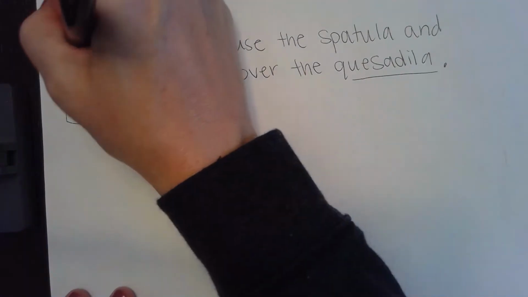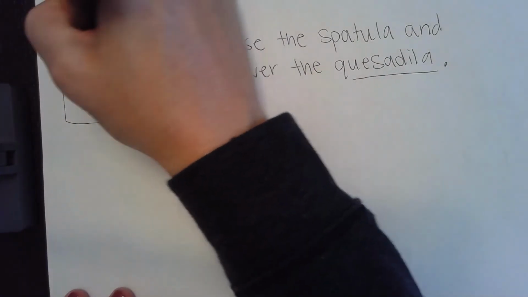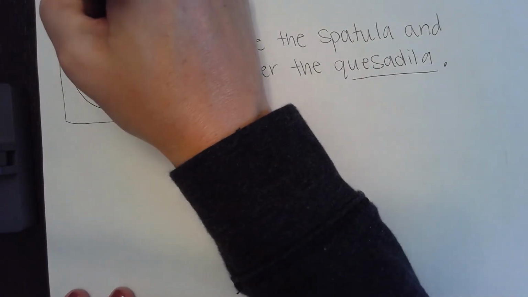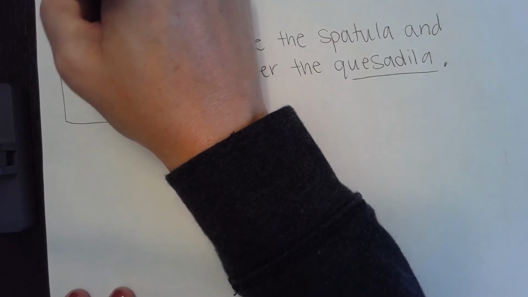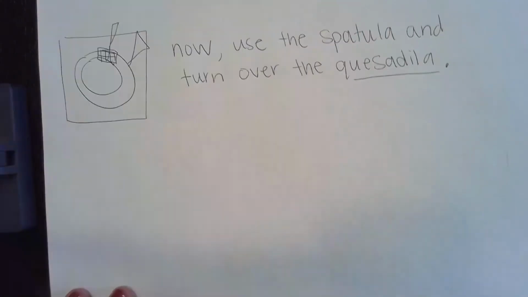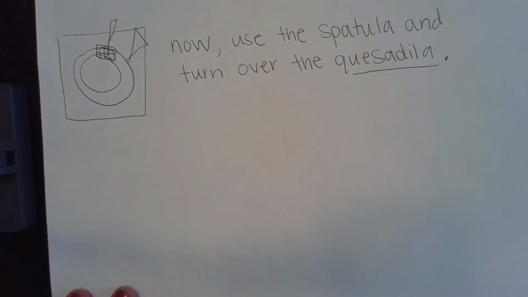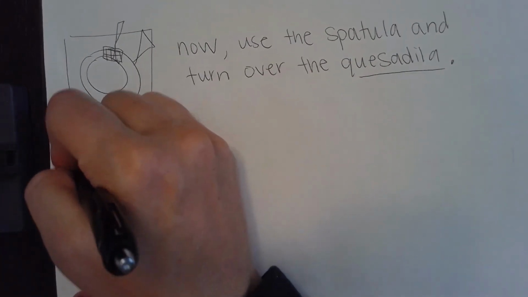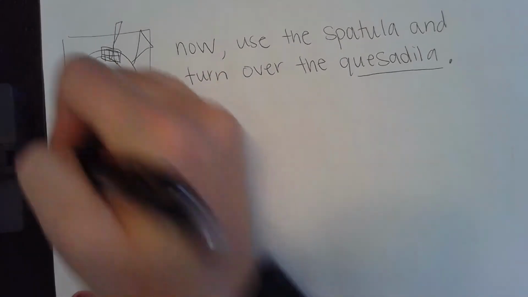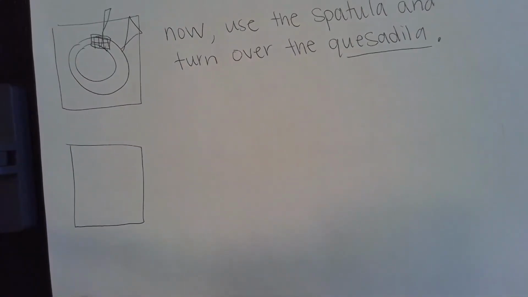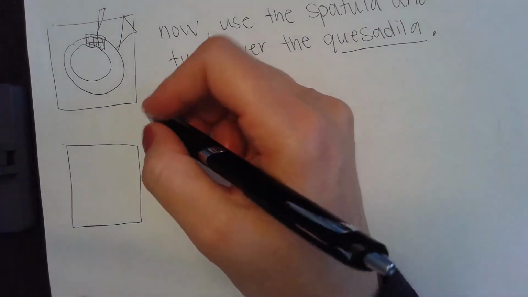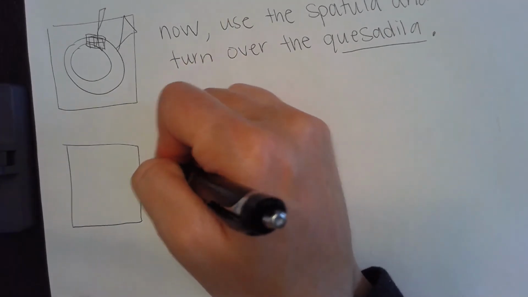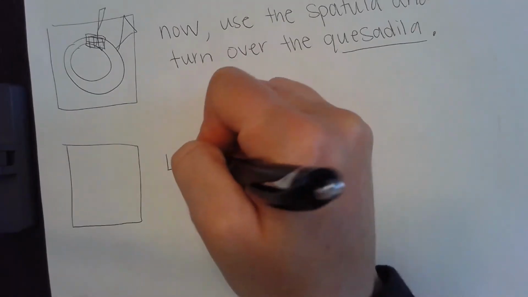Okay, draw a quick sketch again. Here's the spatula, and the person is using that to flip. Okay, now my quesadilla has cooked on both sides, and I have one more step. A signal word that I could use at the end is either last or finally. I'm going to use the word last, comma.